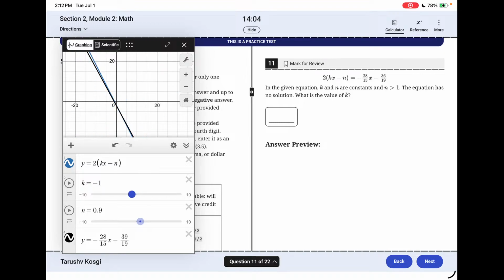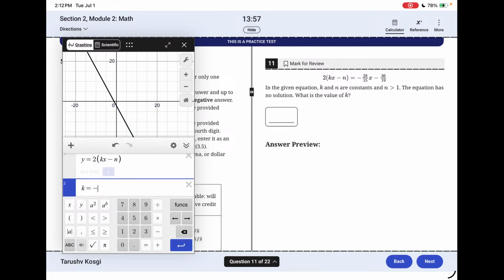So it's negative something. Let's try negative 28 over 15.